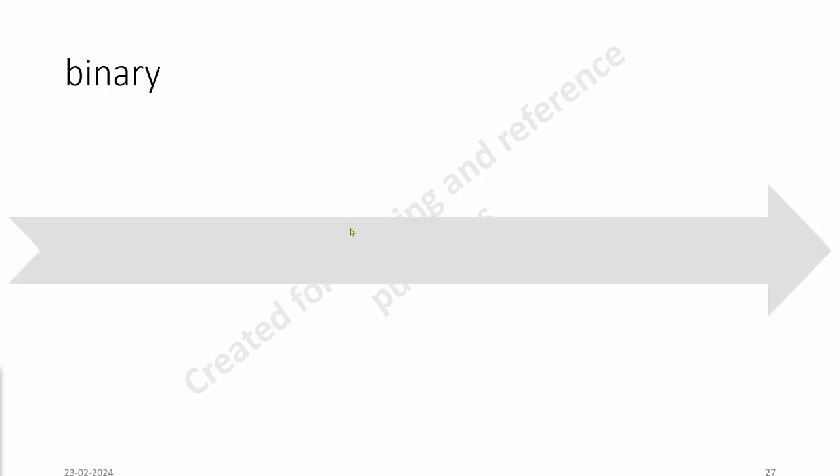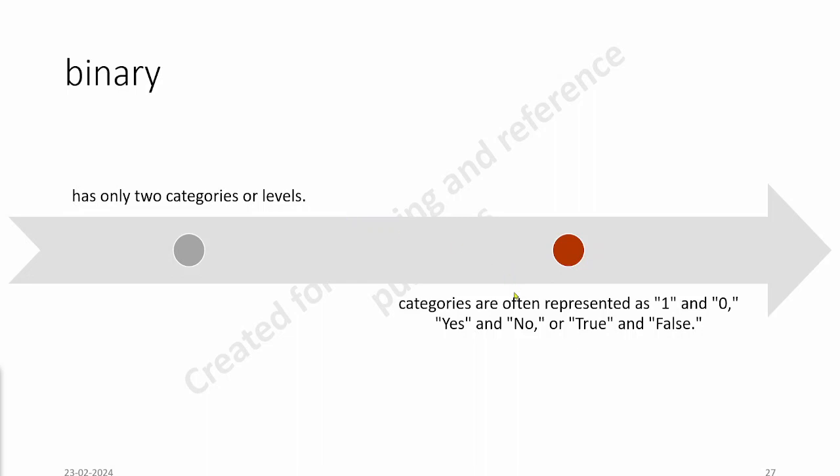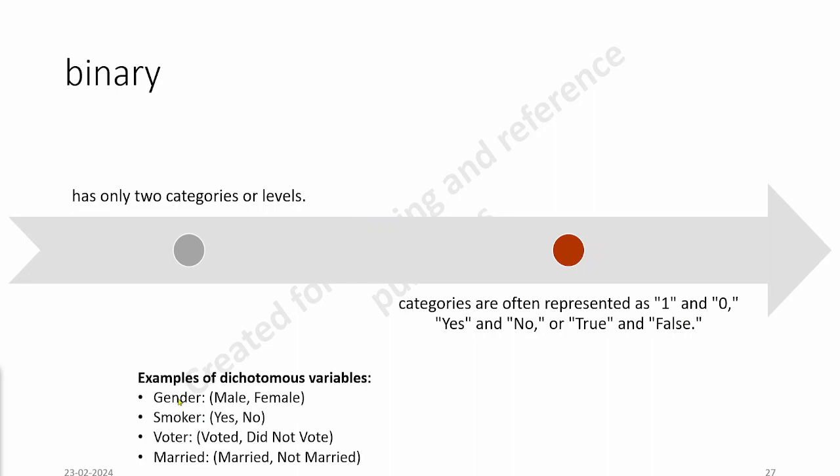Binary is a column where you have dichotomous values like 0 and 1, only two categories, gender like male, female, or true, false, and so on and so forth. Examples are gender, smoker yes or no, voter voted or did not vote, married or not married, right?